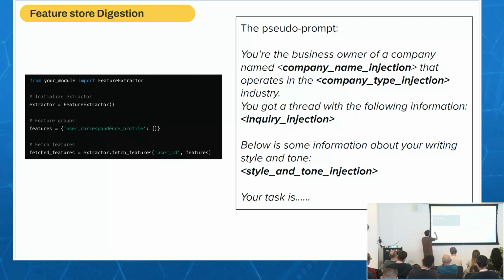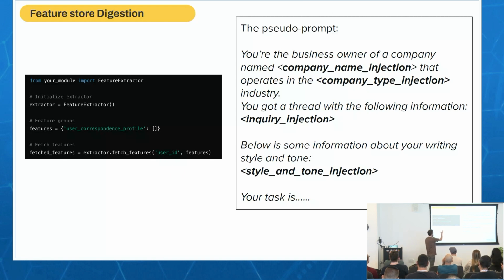So if we have some user ID, we can just get the relevant user correspondence for this user ID. Two lines in Python give you the relevant context of the user. Most of the work is done behind the scenes, developing this API and implementing the architecture that I showed on the previous slide.